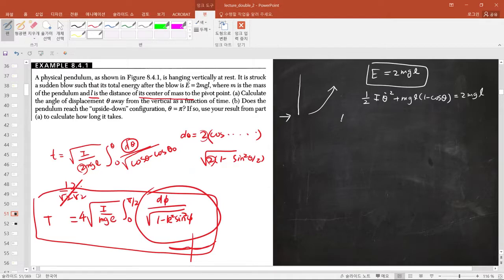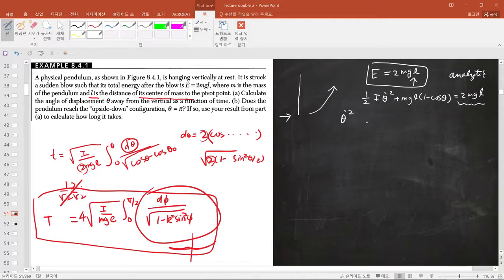So you can write it as theta dot. For this particular total energy, the solution is analytic. In general it is not analytic; numerical values can be given, but for this particular total energy it is analytic, and that's what this example is about.